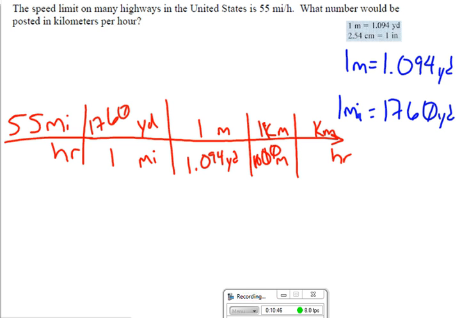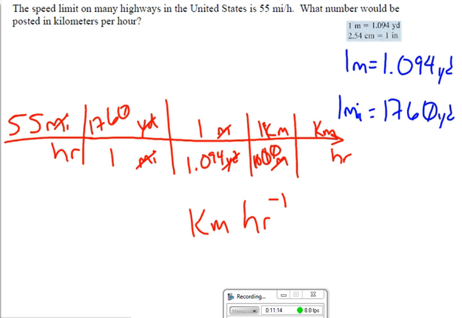And that's going to give us an answer that miles cancels miles, yards cancels yards, and meters cancels meters. And we're left with kilometers, and we didn't do anything to the hours, so that's done. So we're going to end up with an answer that is kilometers per hour. Or if you want to see it as AP chemistry would put it, they're going to put it as kilometers hours to the -1. That's the same thing.